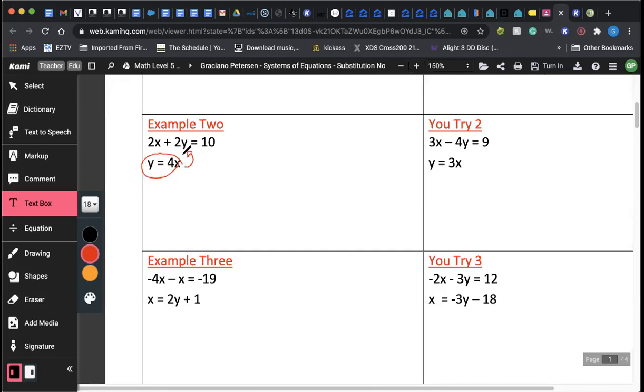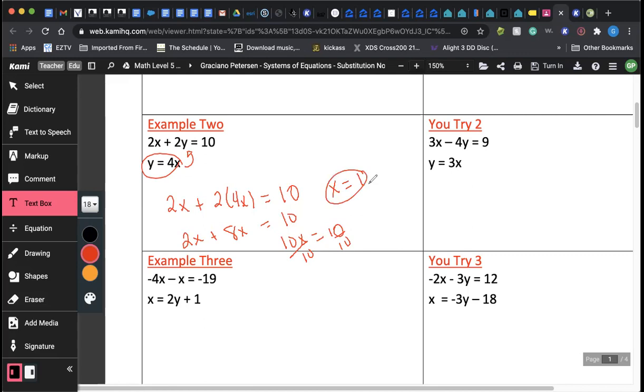Okay, so we're going to have 2x plus 2 times 4x is equal to 10. And then we just solve. So we're going to take that 2 and multiply it to the 4x. So it becomes 8x. So now we have 2x plus 8x equals 10. 2x plus 8x is going to give me 10x. So when I divide both sides by 10, my answer is that x is equal to 1, right?